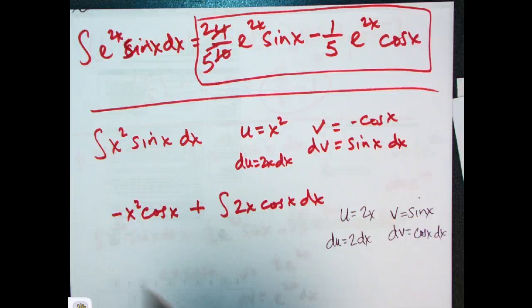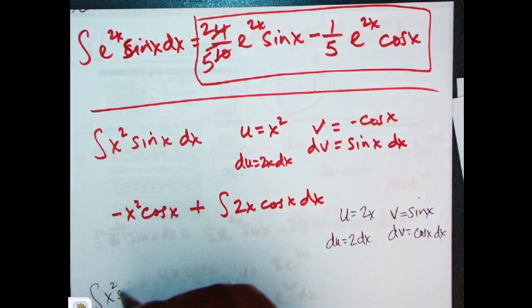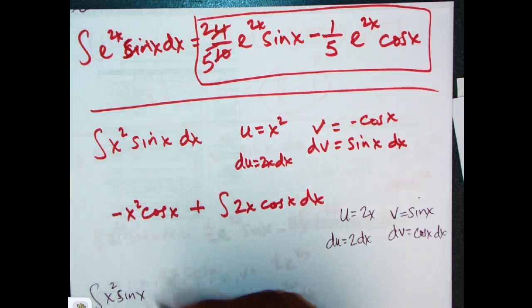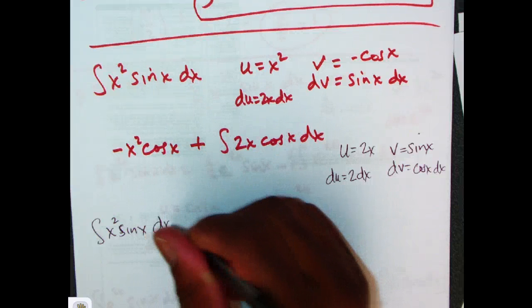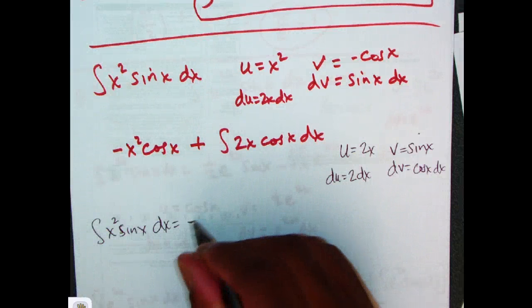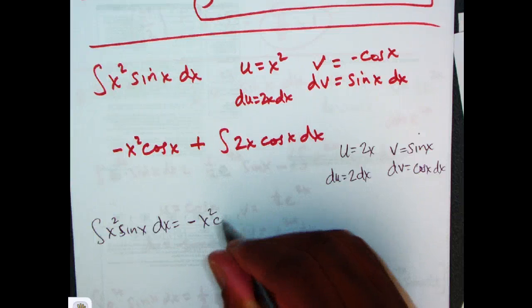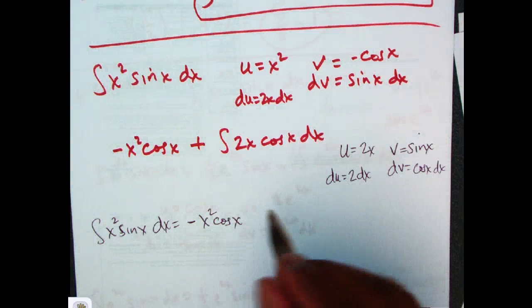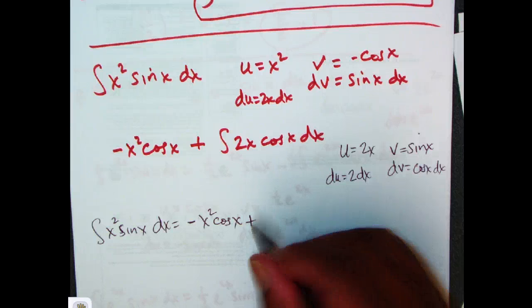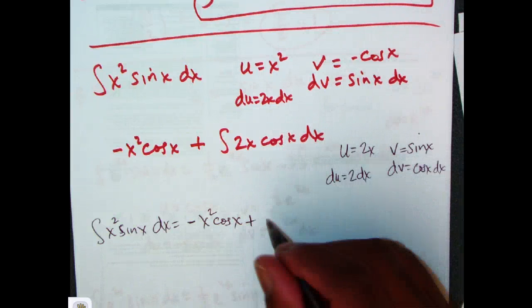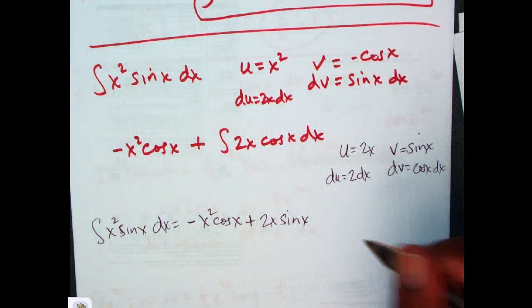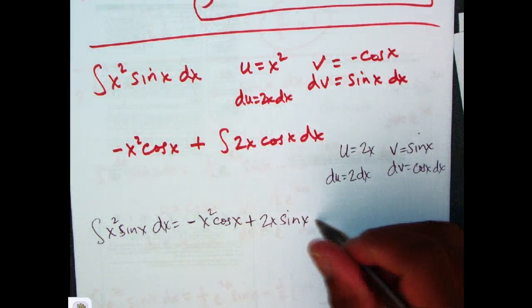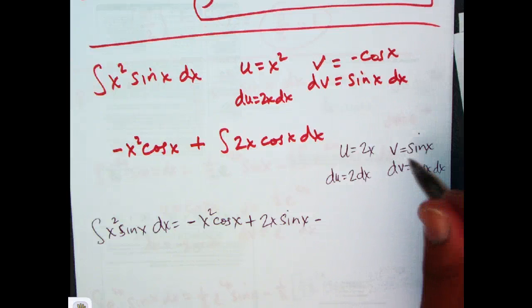Okay. So the integral of x squared sine of x dx is equal to the negative x squared cosine of x plus our new uv, so that's going to be 2x sine of x minus the integral of v du.